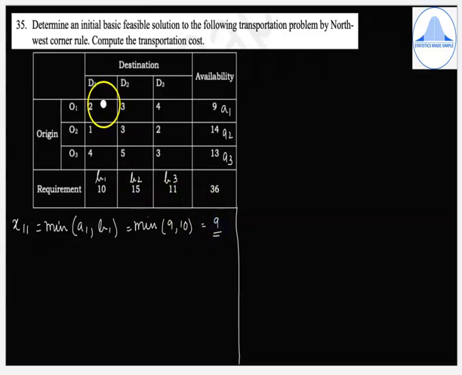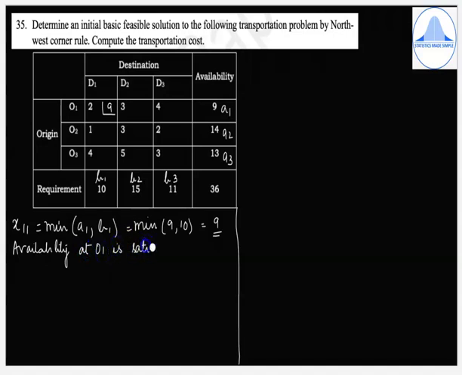Now 9 should be written in this cell here. Now compare 9 with the availability or with the requirement. We see that this 9 matches with the availability at O1. So we write availability at O1 is satisfied.